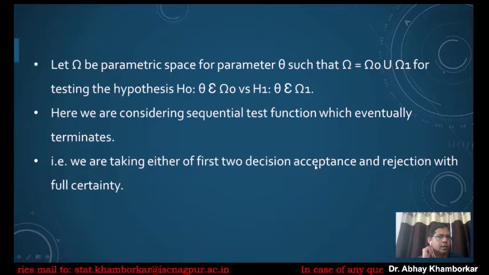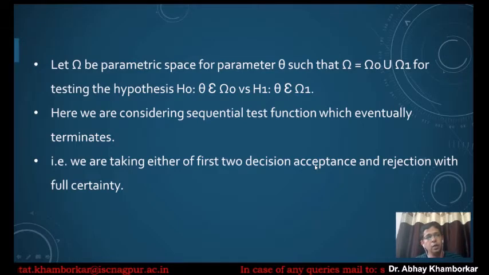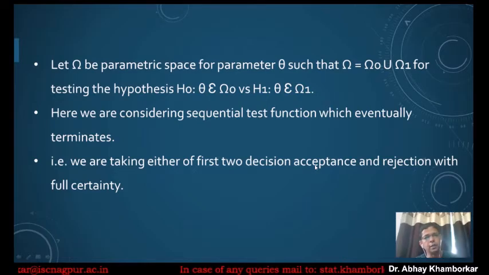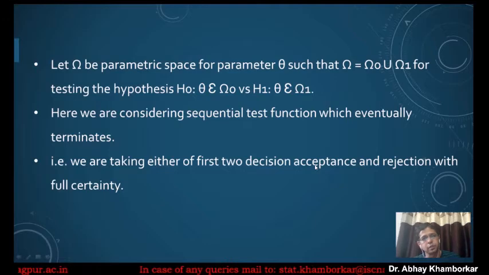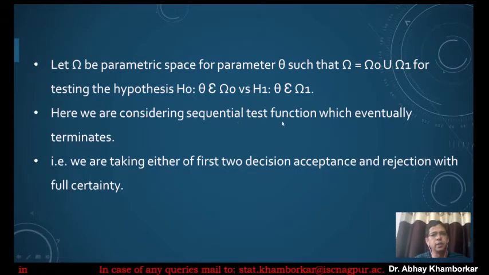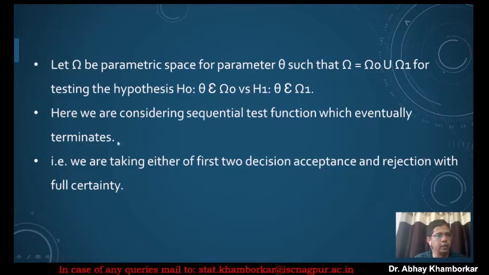That is, we are taking either of the first two decisions, because the process will terminate only when you either accept the hypothesis or reject the hypothesis. So that means we are taking either of the first two decisions, that is acceptance and rejection, with full certainty. That is what I mean by a sequential test function which eventually terminates, full certainty, right?